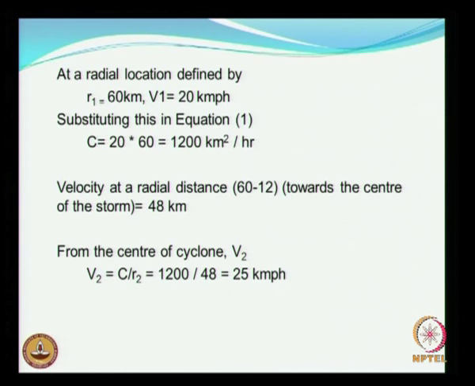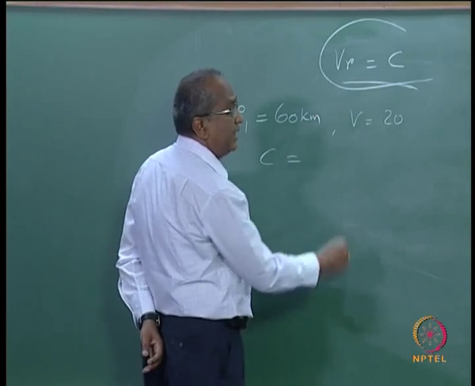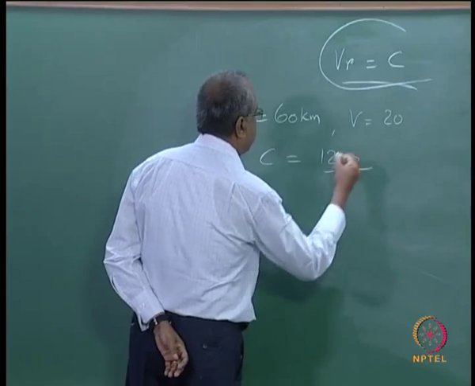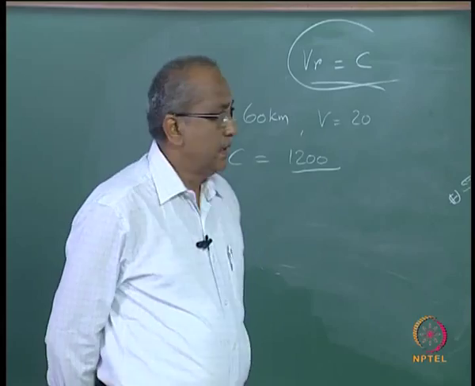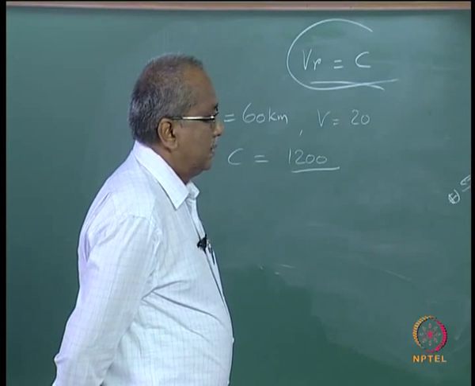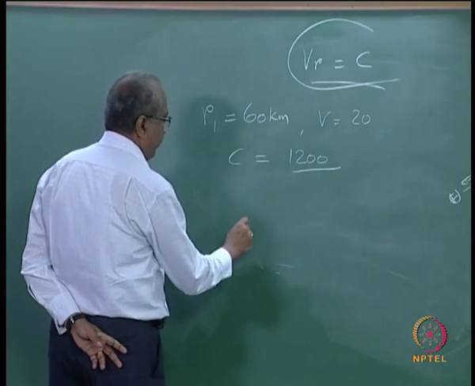Now there are two radial distances. At 60 kilometers, V1 is 20. So according to the law you can easily calculate C as 1200. I am not writing the units because they are there on the slide. Use the same equation for V2.